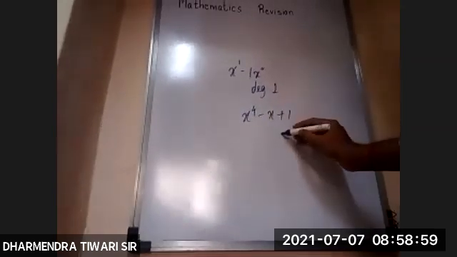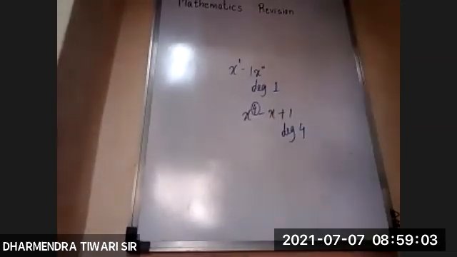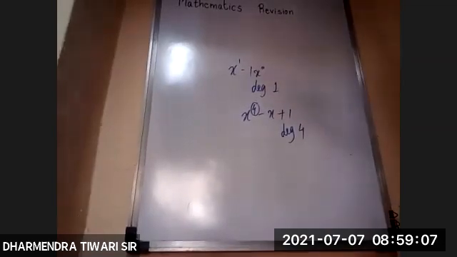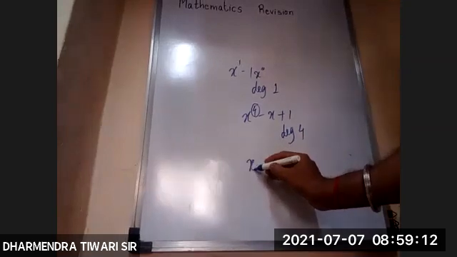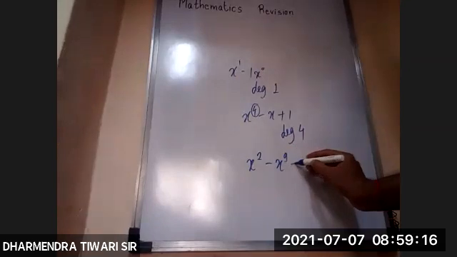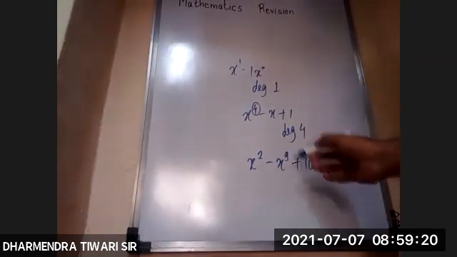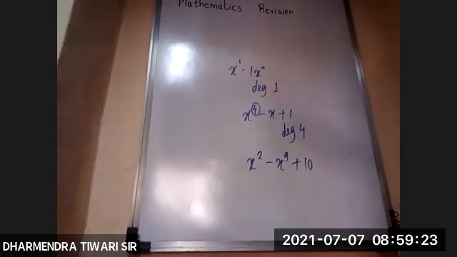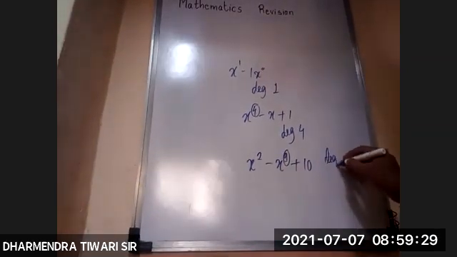So here the degree is 4 because the greatest index present is 4. One more, say x raised to 2 minus x raised to 9. So here in this case, we can see that the highest index of the polynomial is 9. So degree will be 9.